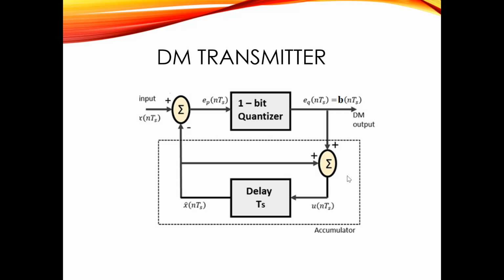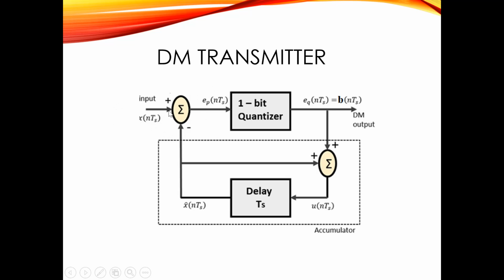The actual sample value is not being transmitted. Only the difference between the input sample value and the approximated value is transmitted. With the help of the 1-bit quantizer and then the delay block, the approximated signal will be generated from the DM output itself, and then it is applied over here.